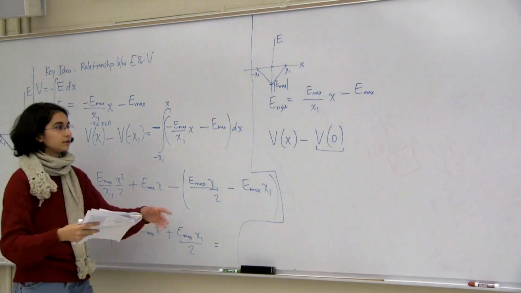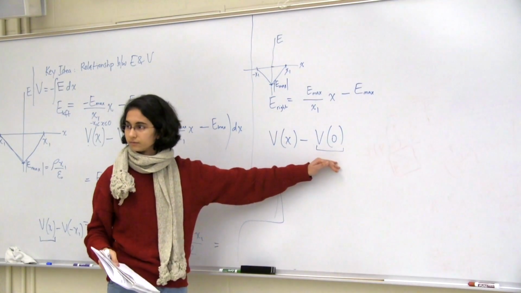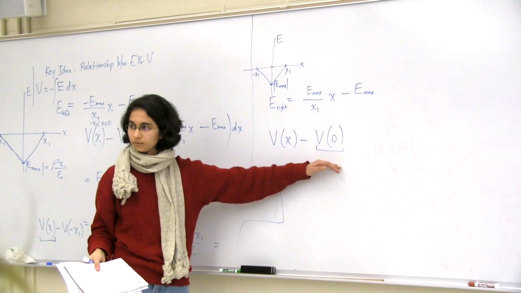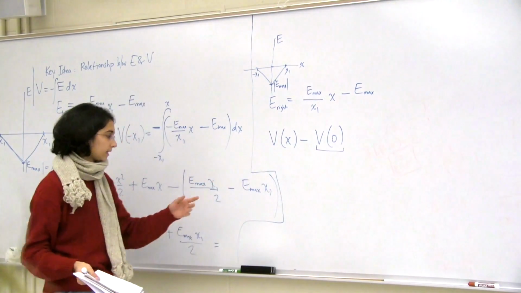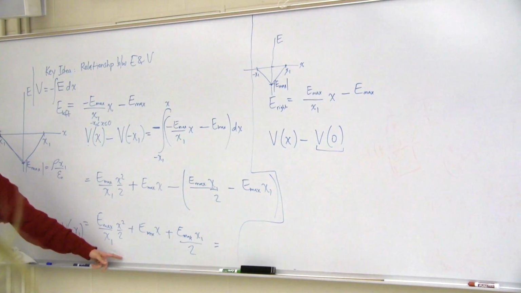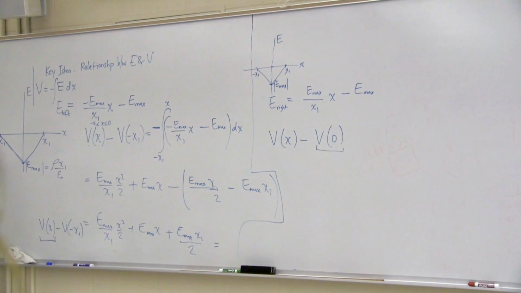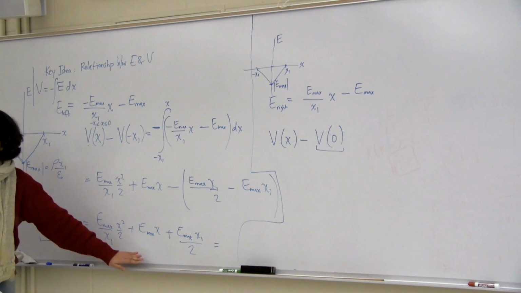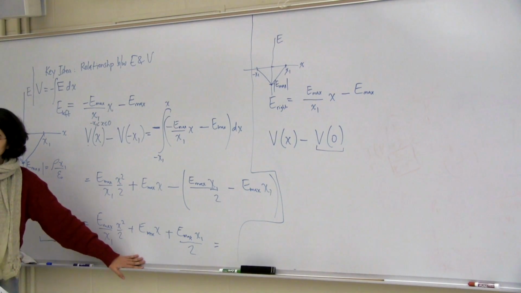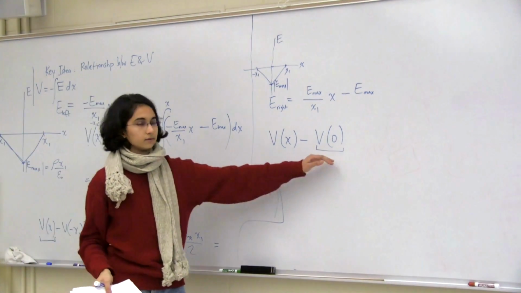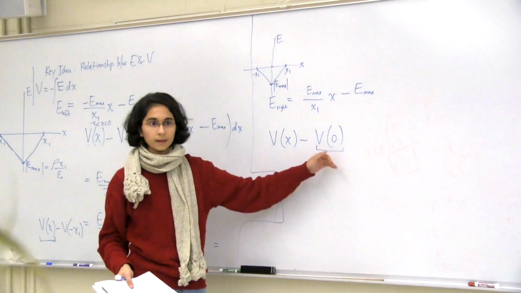But here, we don't know yet what V of 0 is. But I found an expression which gives me the potential at any point ranging from negative x1 to x equals 0, right? So I can just plug in x equals 0 in this expression to get my V of 0.